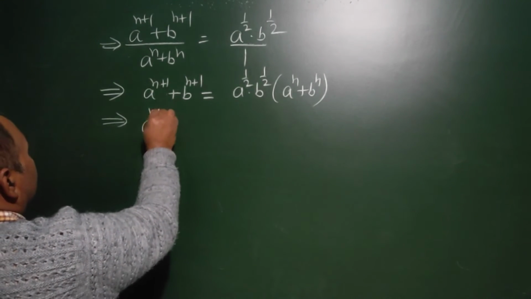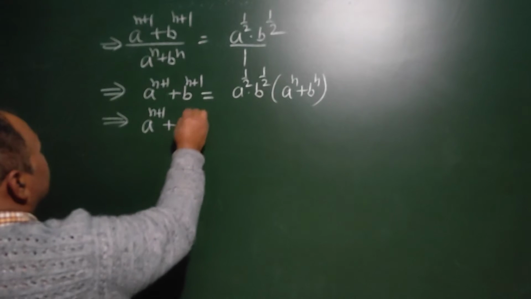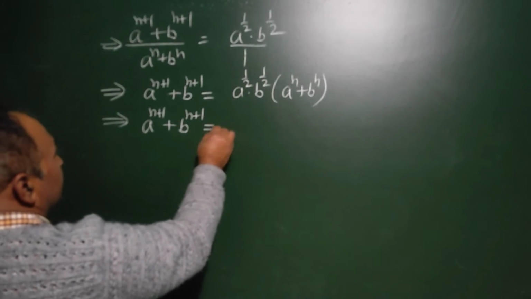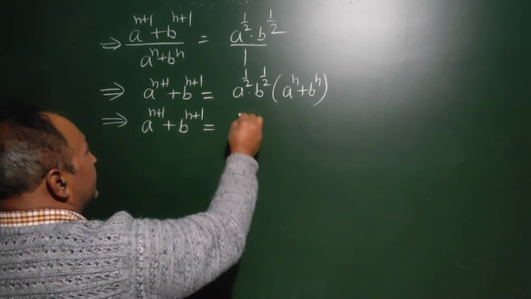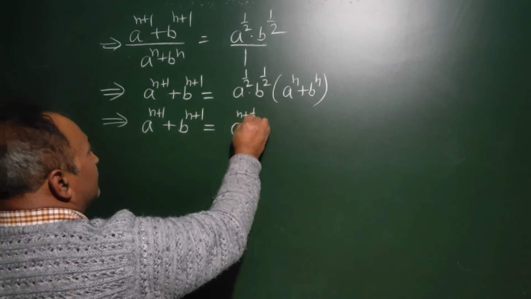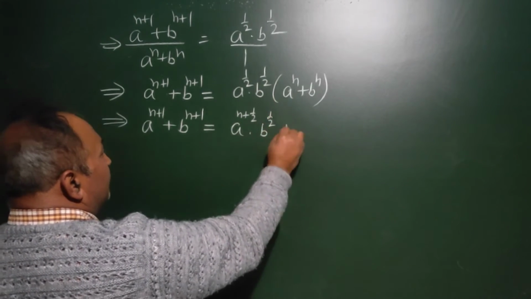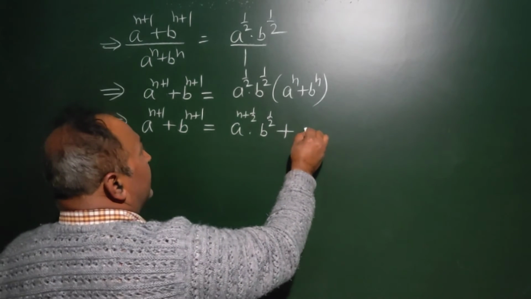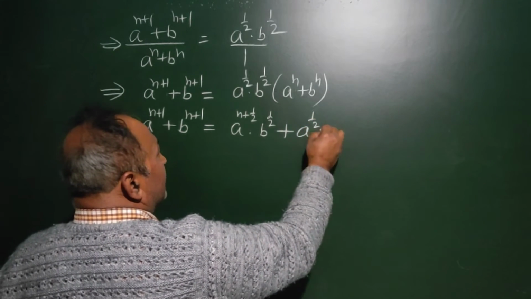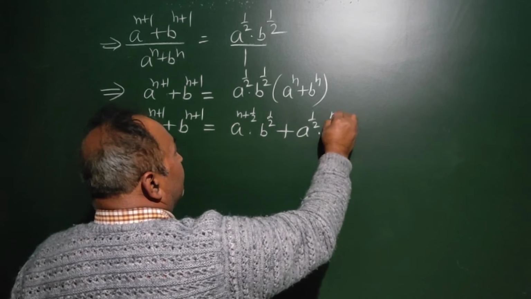This implies a^(n+1) + b^(n+1) is equal to a^(n+1/2) into b^(1/2) plus a^(1/2) into b^(n+1/2).